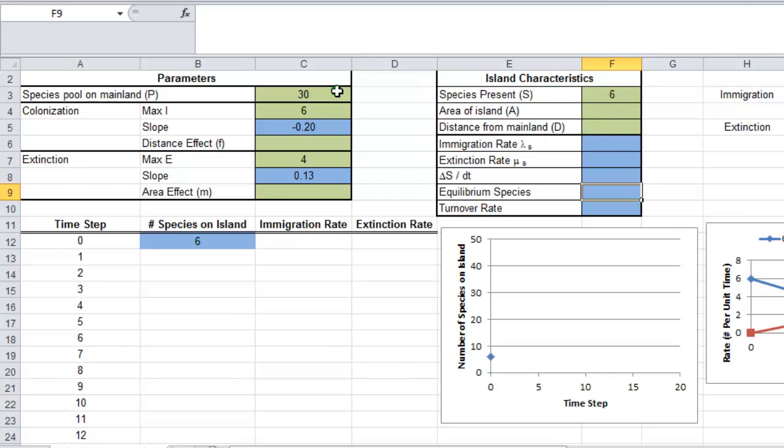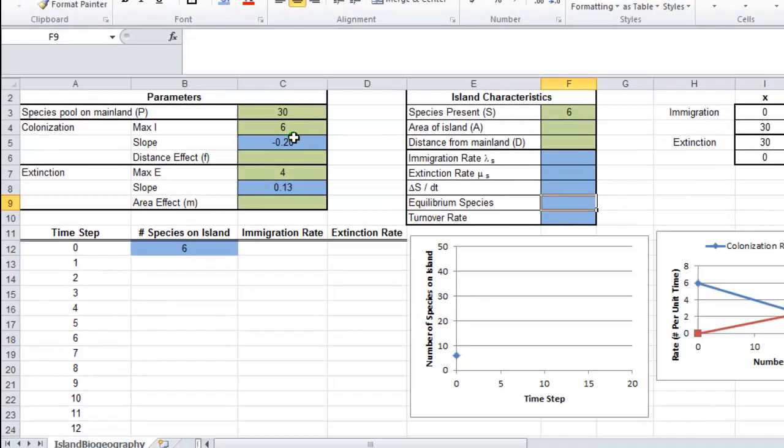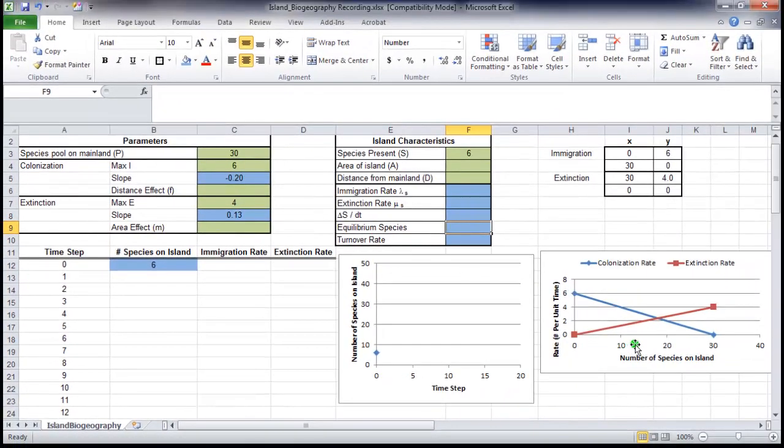We know there are 30 species on the mainland. We also know the number of species presently on the island, and we should be able to find what the extinction and colonization rates will be. So if all goes well, we'll find the number 6 and its extinction rate, and then we'll find the number 6 and the colonization rate.